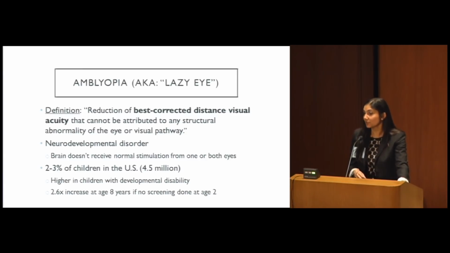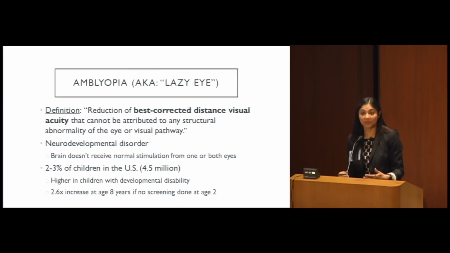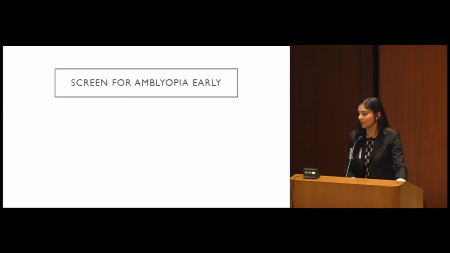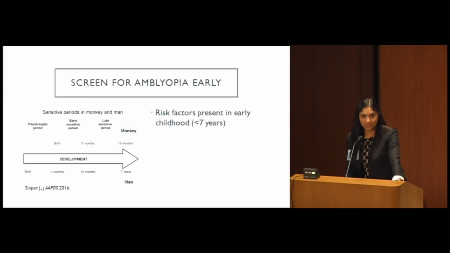It's important that we screen for amblyopia, because the incidence of amblyopia can increase by about 2.5 to 2.6 fold by age 8 if screening is not done by age 2. So that's a substantial amount of burden that we can be decreasing by doing early screening of patients. And why do we want to screen for amblyopia early?